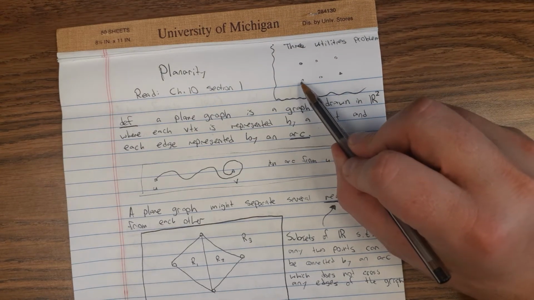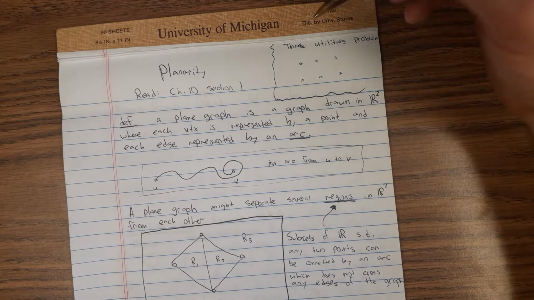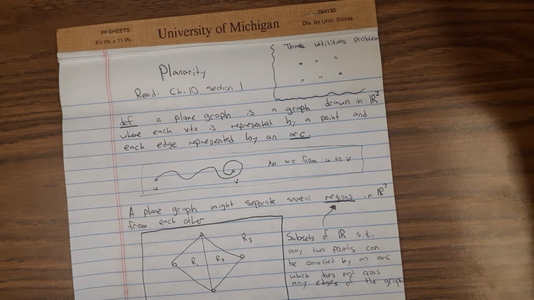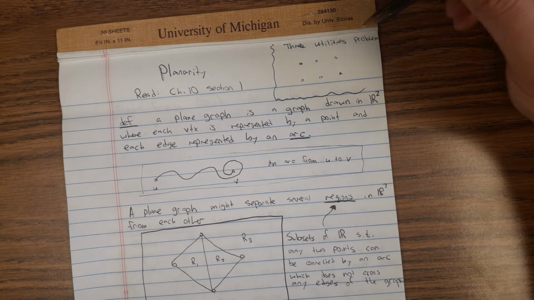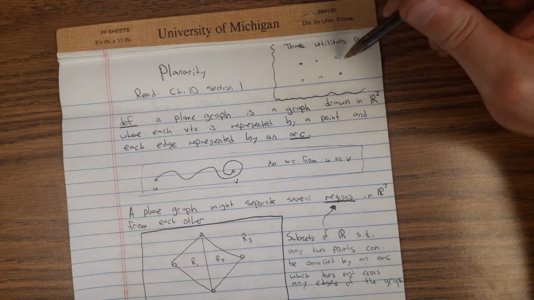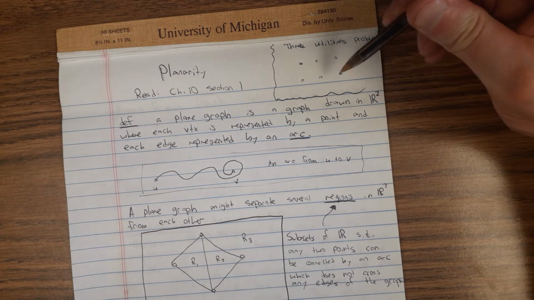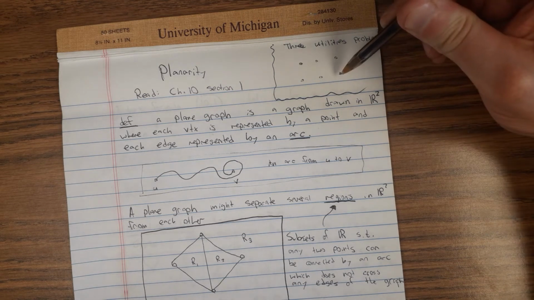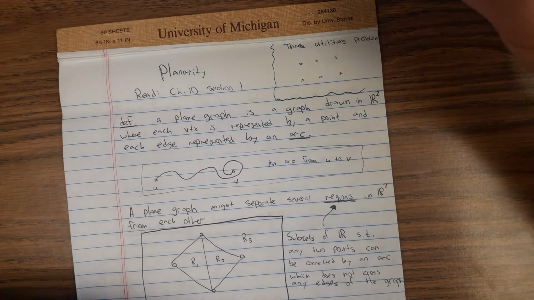And then down here I have 3 houses, and you're supposed to connect every house to every utility, but you don't want to cross any edges. So basically what we're trying to do is draw K33. I've got 3 vertices up here and 3 vertices down here, and everything up here needs to be connected to everything down here, but I need to draw this without edges crossing each other.